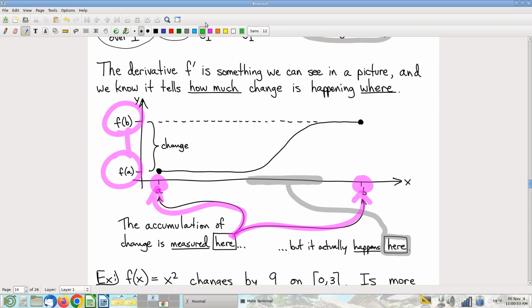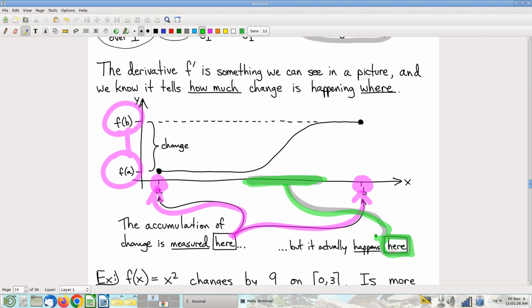Well, you can see there's the process of this function changing. Said differently, these values of x, where f prime is positive, that's where the change actually happens. So this is an accumulating quantity that we measure on the boundary, but it actually happens in the interior. And you'll recall that's what I was saying about circulation.